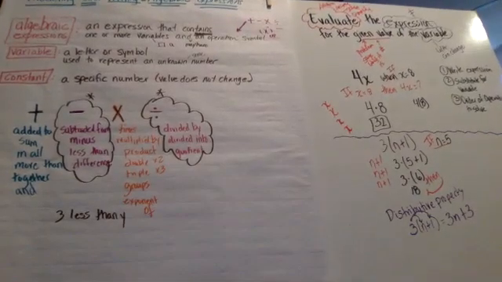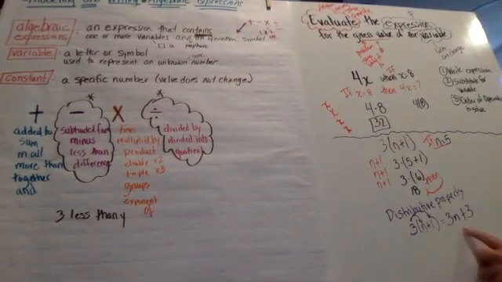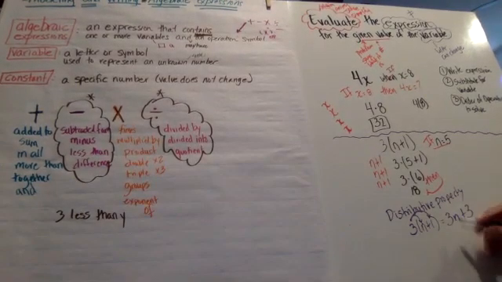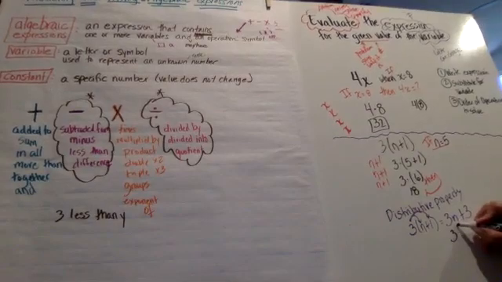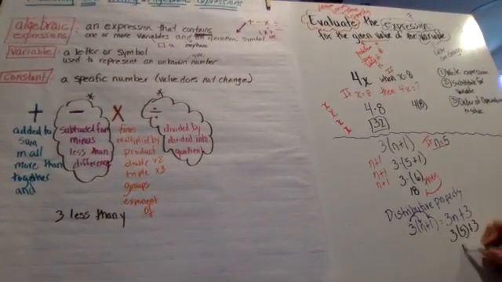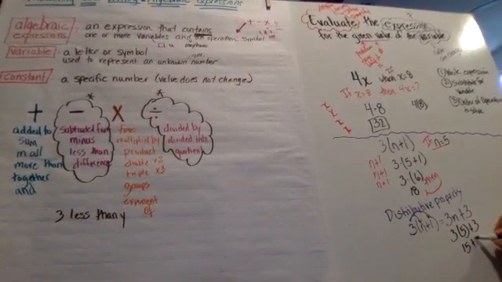Yes, like that. And so then if I substitute, which is the next step, in for the n, that would give me 3 times 5, which is 15, plus 3, which would still give me 18.